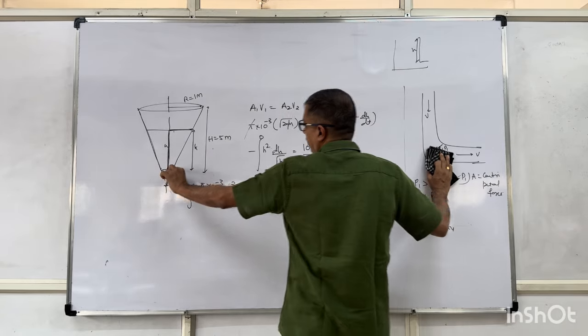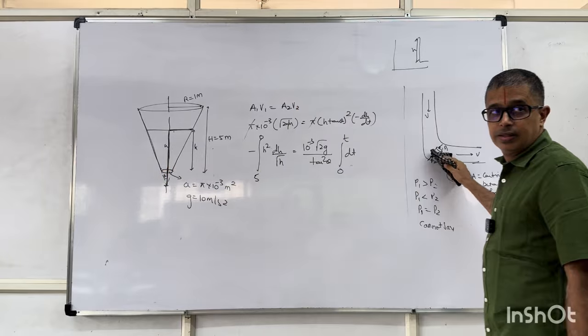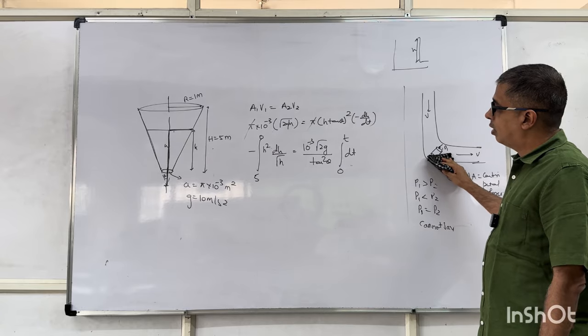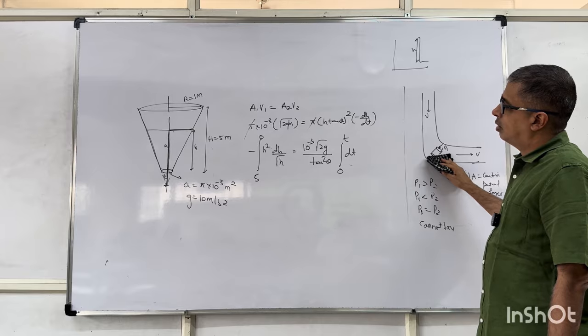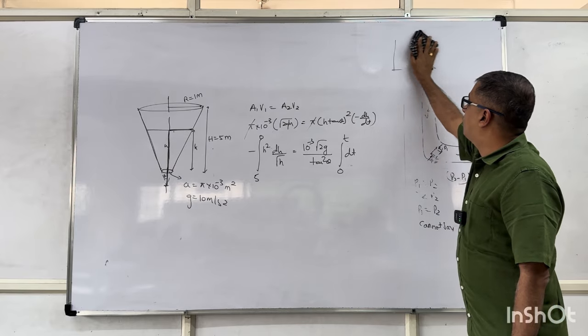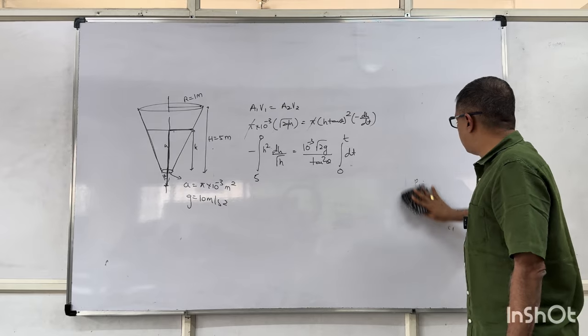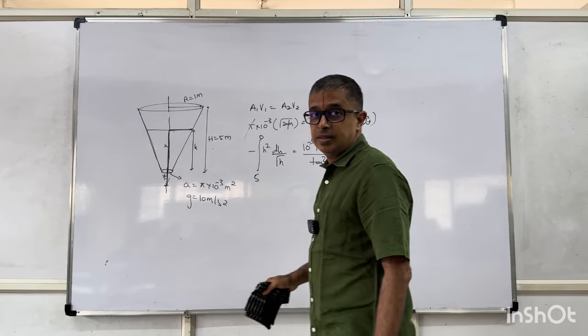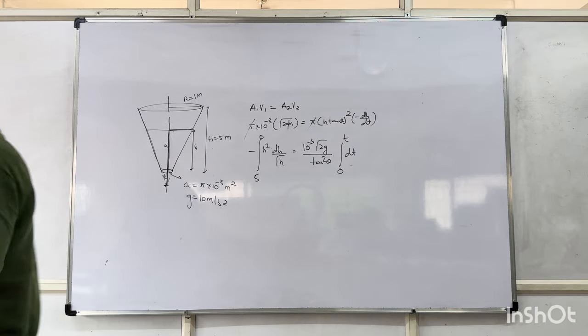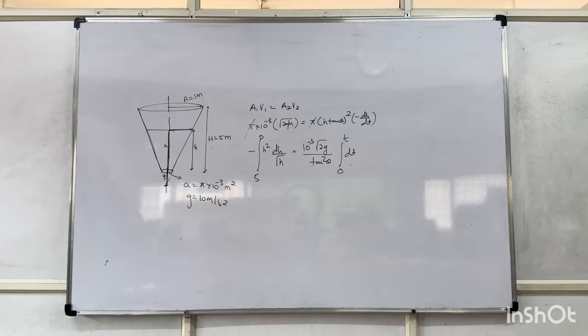This will be small here. H will become, for it to completely empty. You are asking me what is the time after which it gets emptied. That means the same point.